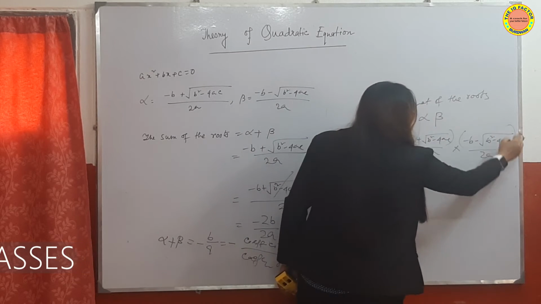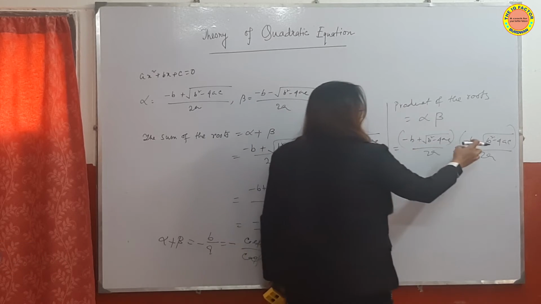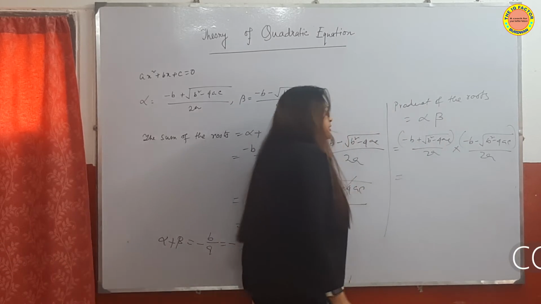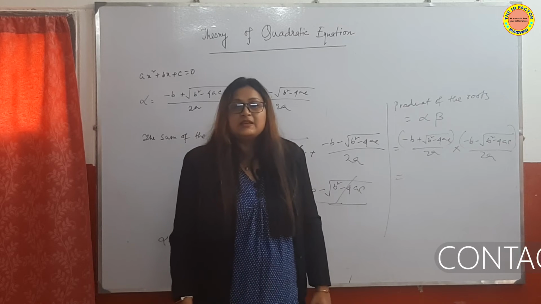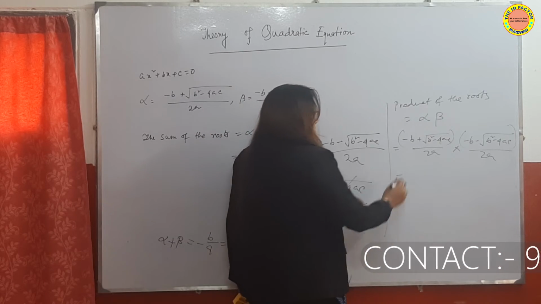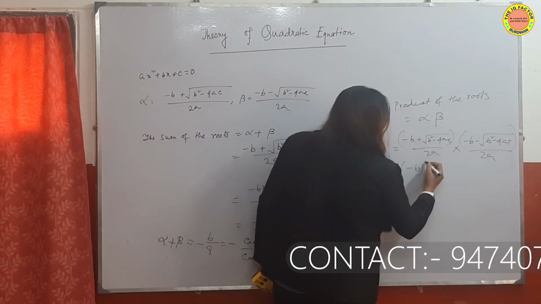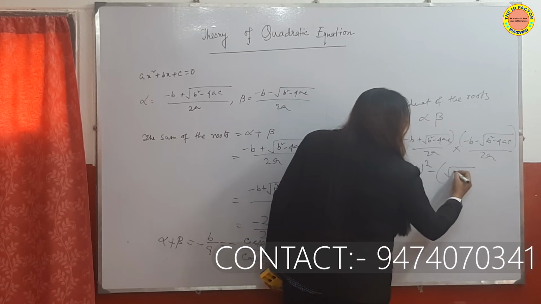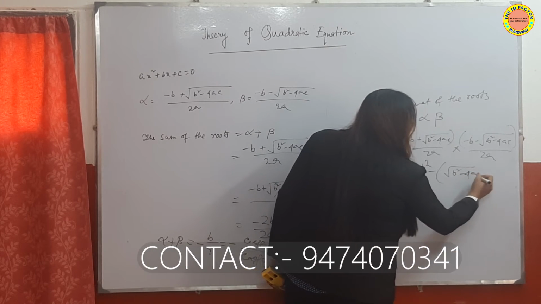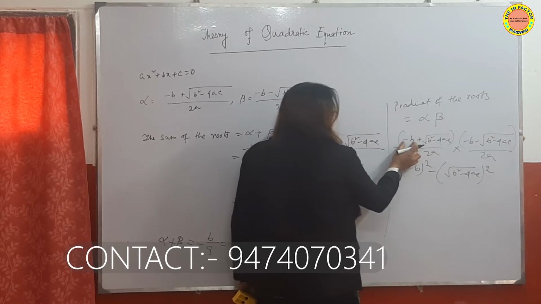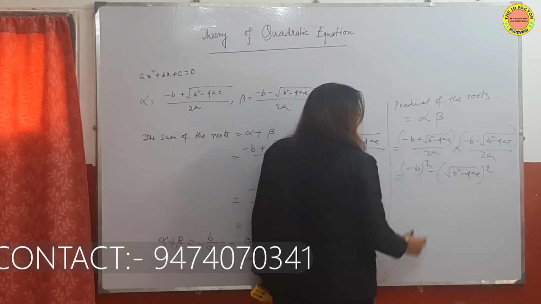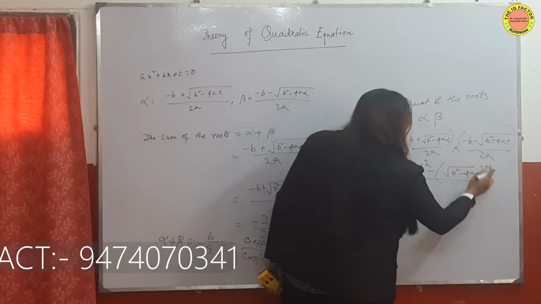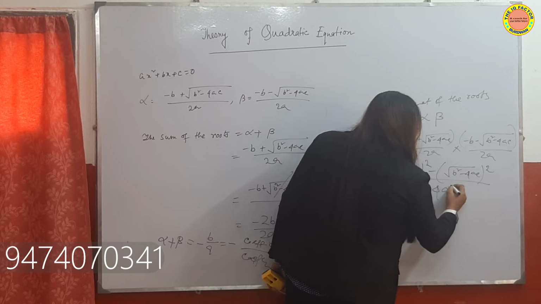It is just like a plus b, a minus b. So we know a plus b into a minus b is a square minus b square. Here a is minus b and b is square root of b square minus 4ac by 2a, into 2a, that is 4a square.